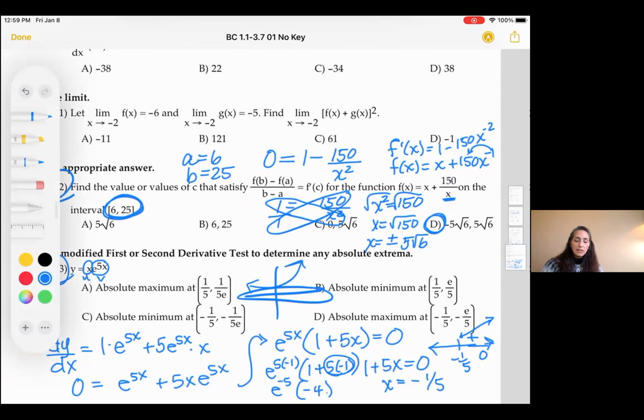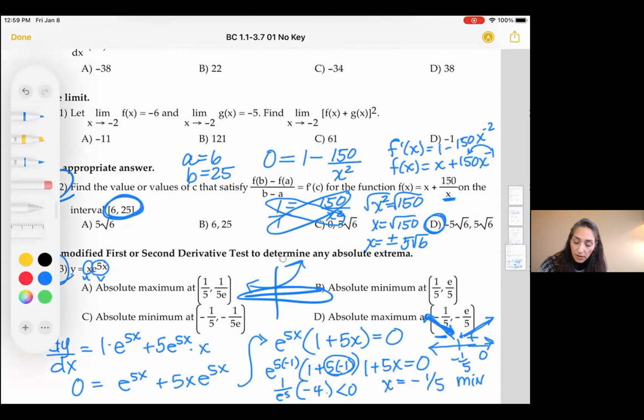Now, careful with e to the negative 5th. If we rewrite that, that's really just 1 over e to the 5th. It's not actually a negative number. It's just a fraction. So negative 4 over that is going to be less than 0. So this is going to be negative, which means you're going to have a negative slope. So the graph goes down and it goes up, which means at negative 1/5, you have a minimum.